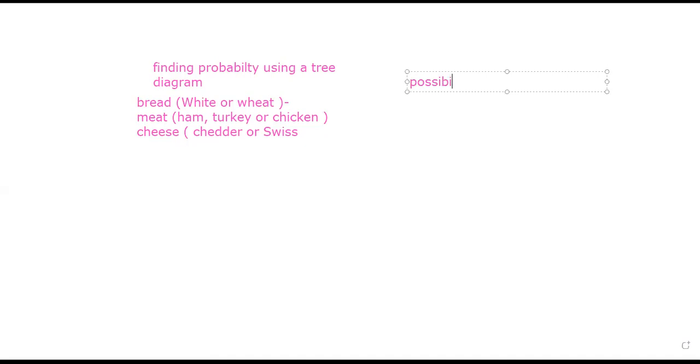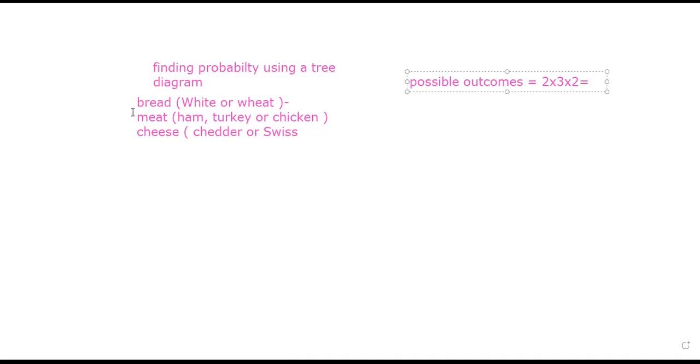7? How did you calculate it? To find possible outcomes, we will multiply 2 times 3 times 2.